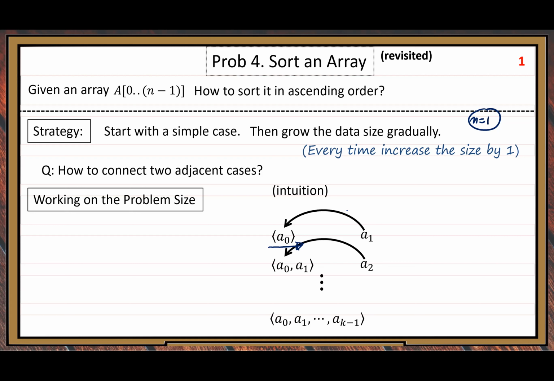And you can keep doing things like this. For this general step, A sub k, a new element, joins the current ordered array after a certain number of comparisons.